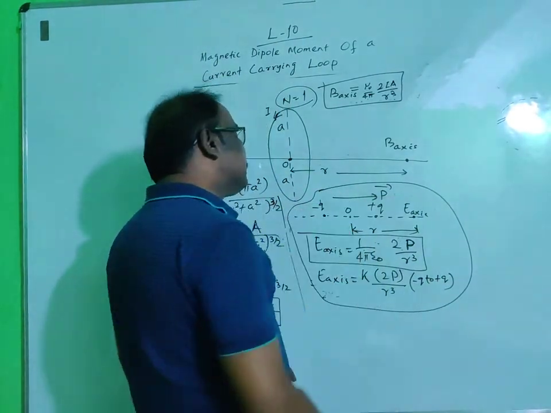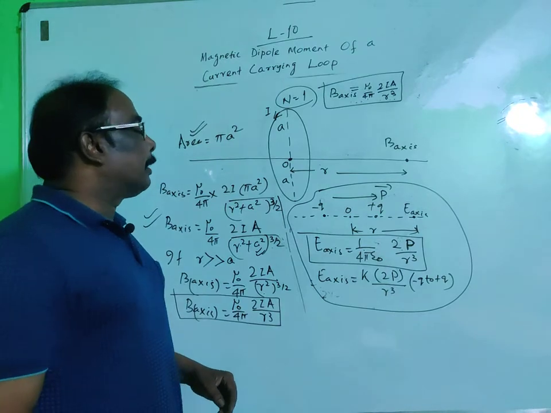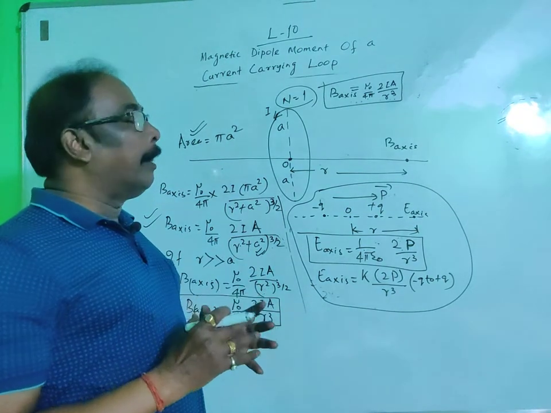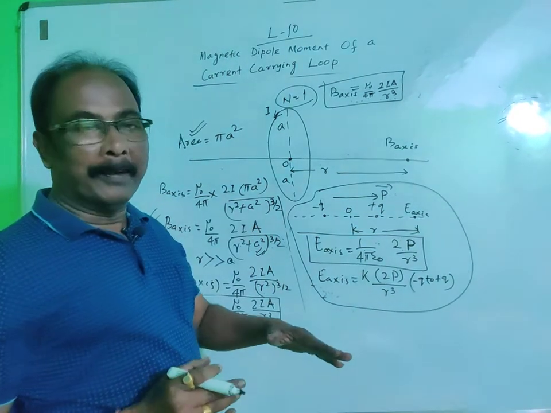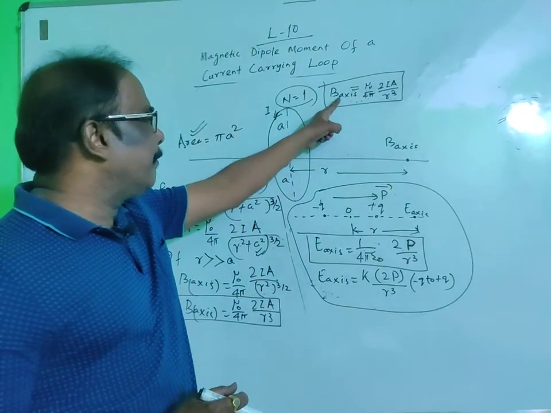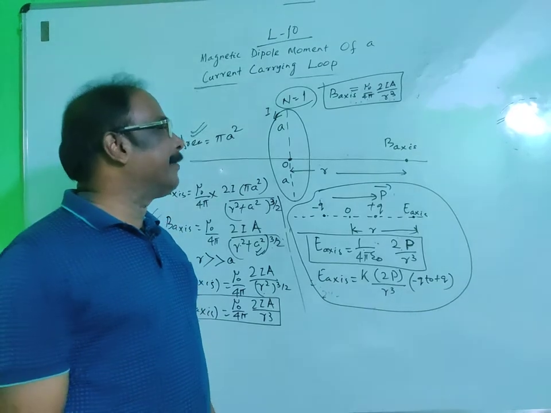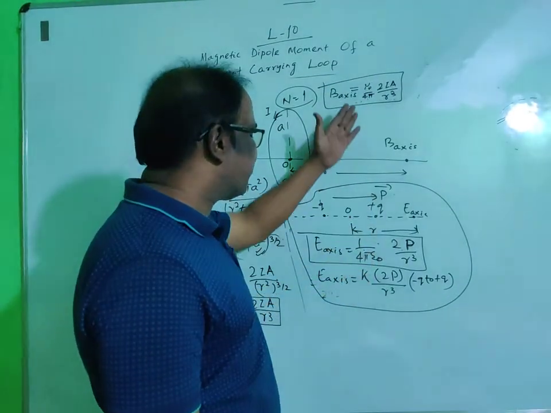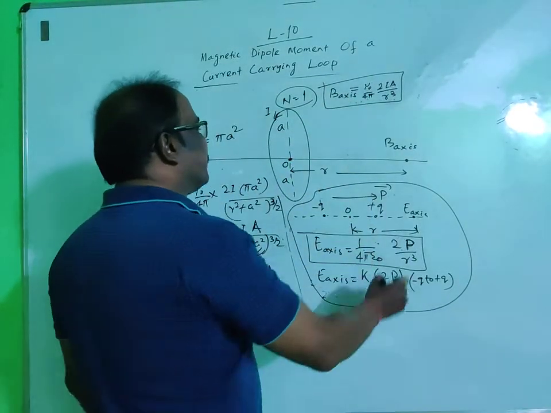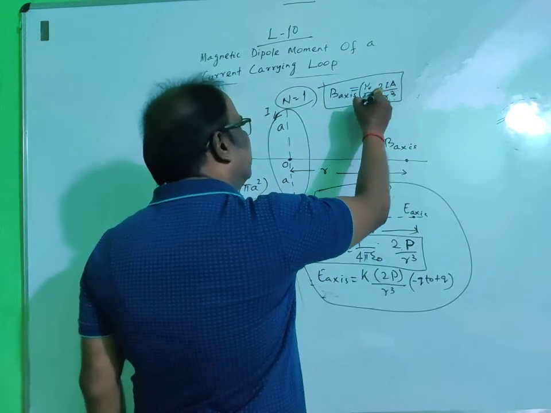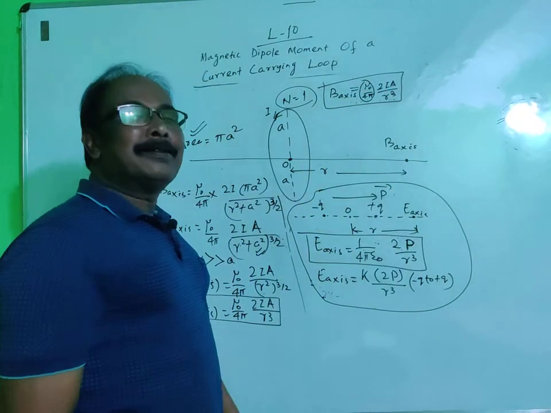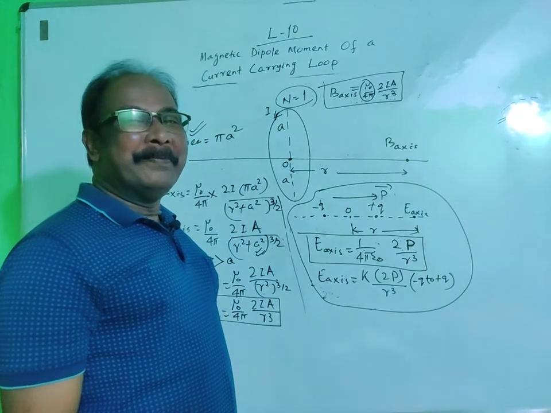We have discussed this under electrostatics, the electric field at any point on the axial line. And here we have got the magnetic field on the axis of a circular coil carrying current. Just compare these two equations. Mu 0 by 4 pi is the constant of proportionality in vacuum.